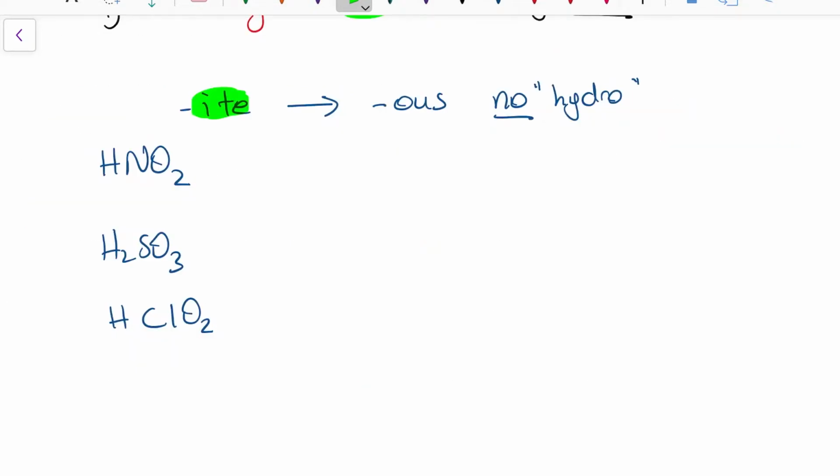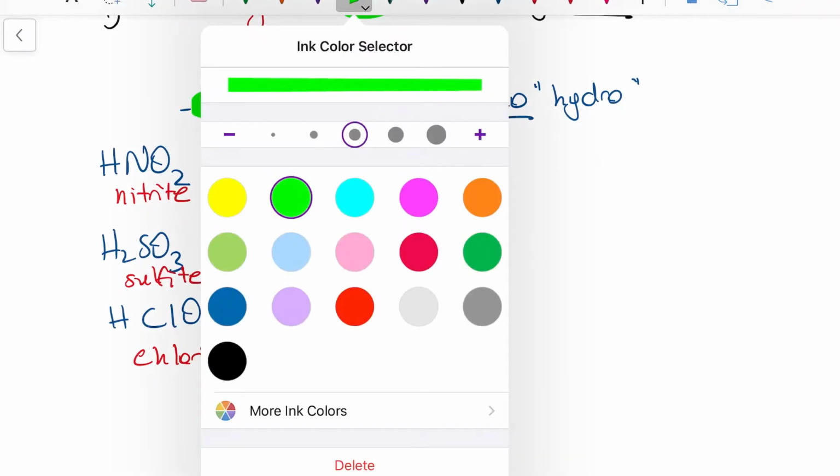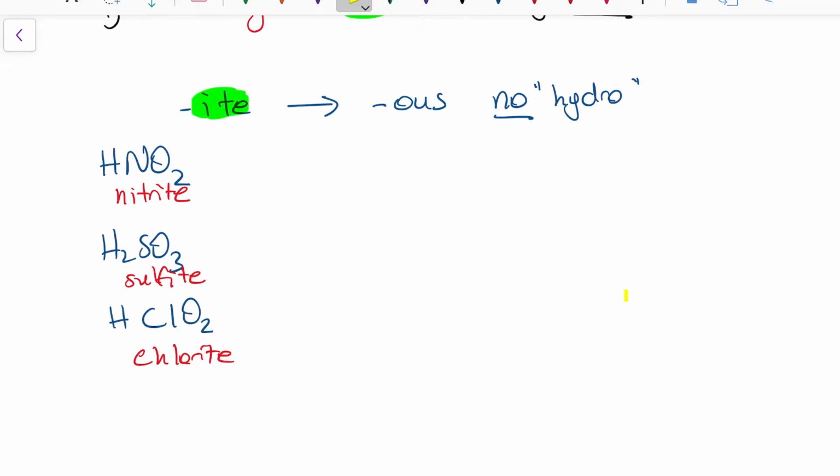All of these, the polyatomic anion ends in ite. This one here is nitrite. This one is sulfite. And this one is chlorite. So what you have to do, though, is you have to be very aware of what's going on. Because you may want to call this guy here hydrogen nitrite. If your teacher asks for the acid name, then you've got to follow the acid naming rules.